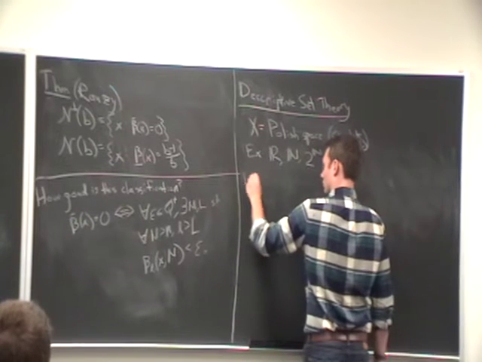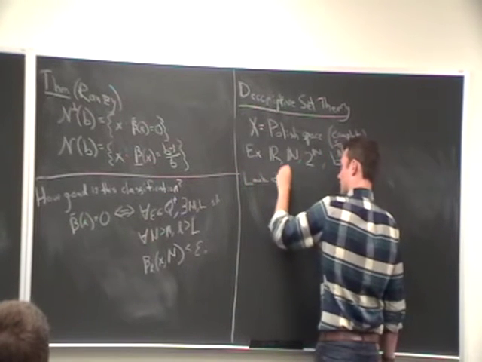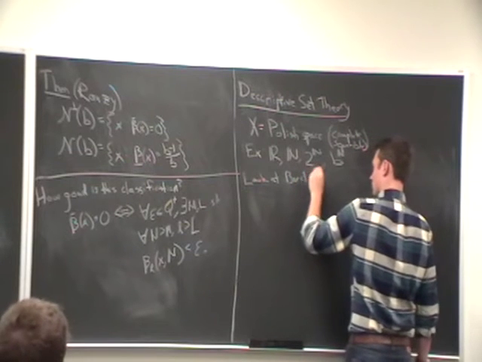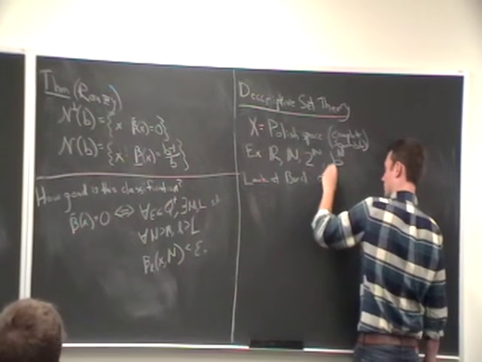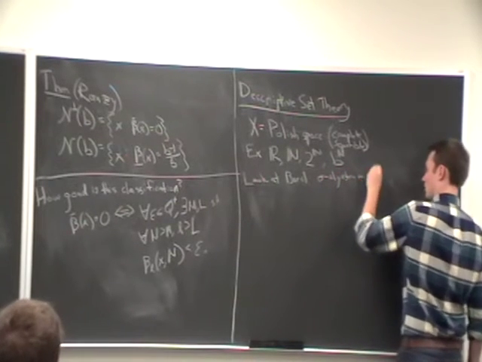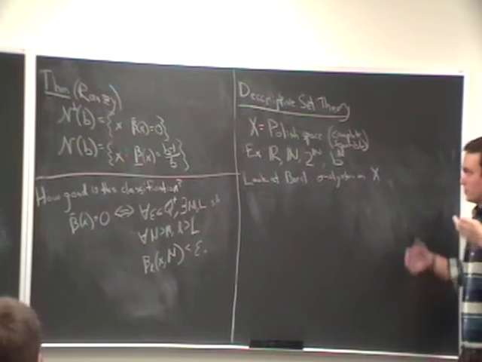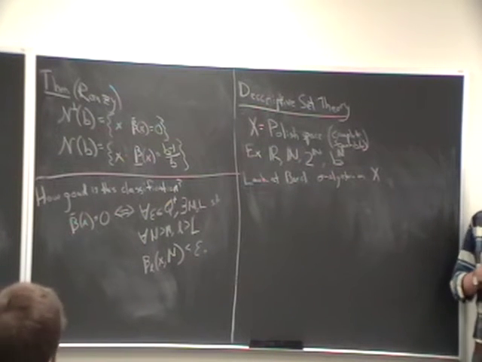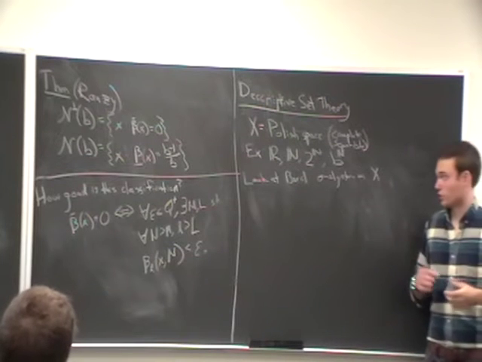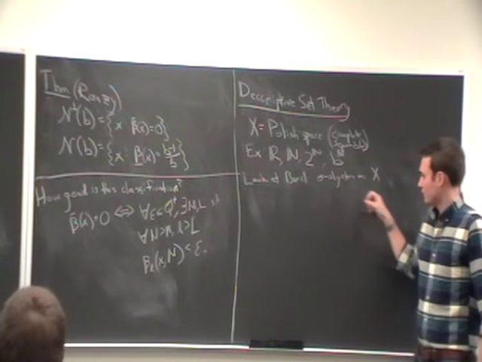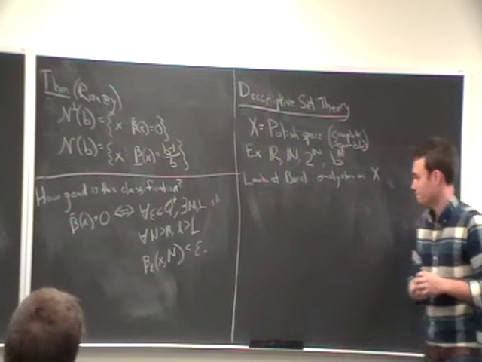The Borel sigma algebra is just every set that can be formed by a sequence of countable unions and countable intersections of open and closed sets. And we can decompose this Borel sigma algebra into a hierarchy.